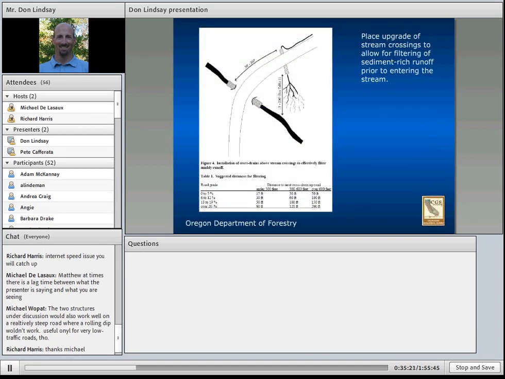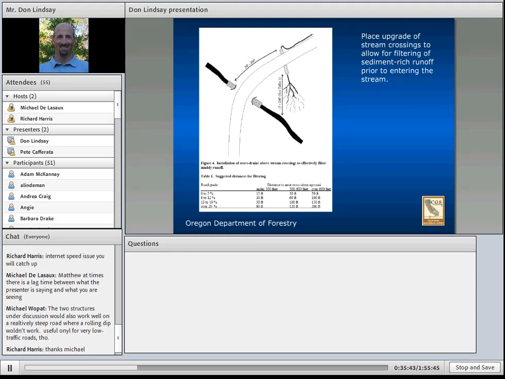First, place structures upgrade of stream crossings to allow for filtering of sediment-rich runoff prior to entering the stream. In this figure, we have a road approaching a watercourse with a cross-drain pipe upgrade of the stream. The table below suggests the distance required for filtering based on the grade of the road and distance to the next cross-drain up road.